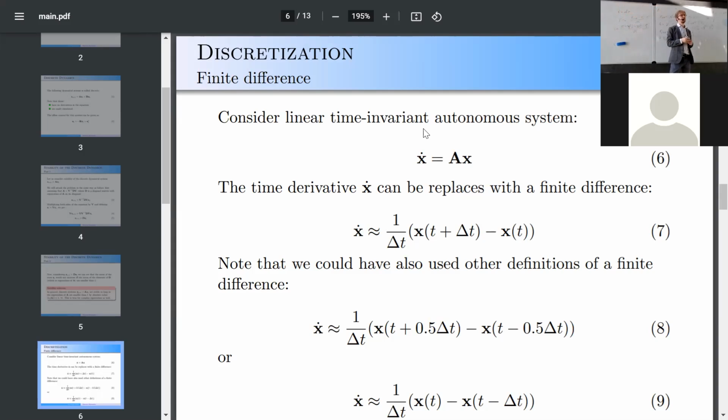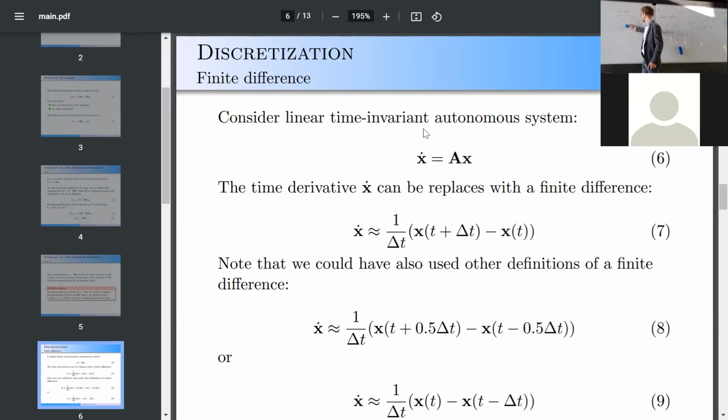You can do this. This would be centered, right? You can do a lot of stuff. Actually, there are entire theorems and branches of mathematics which talk specifically about how to make this thing as precise as possible. So if you want to find your derivative numerically, you can go to that branch of mathematics. But let's focus on this for a while.